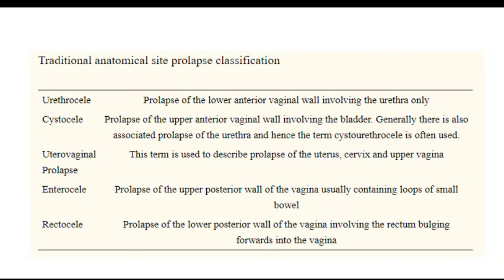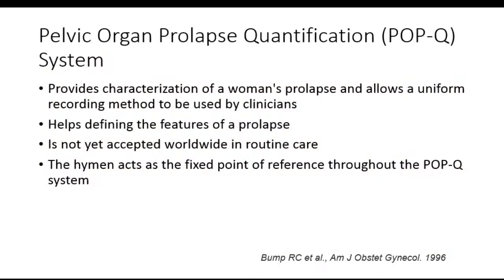And the last but not least, rectocele. It is a prolapse of the lower posterior wall of the vagina with rectal wall, which is bulging forwards into the vagina. This is what was the traditional classification.